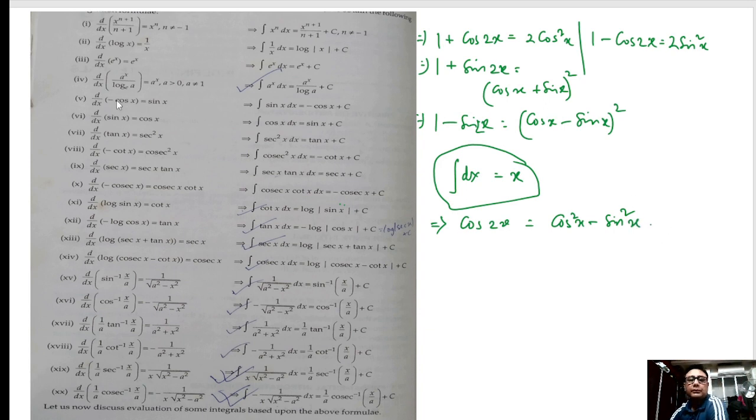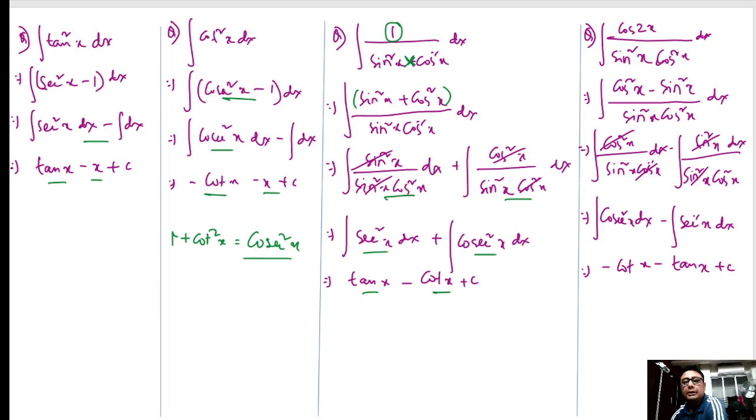Please keep a note of these formulas because these are very, very important formulas, which will help you to do the numericals. So instead of cos 2x we are using cos square x minus sine square x, so it's a square minus b square. So we are separating it. This cuts. 1 by sine square is cosec square, 1 by cos square is sec square, cosec square is minus cot, sec square is tan.